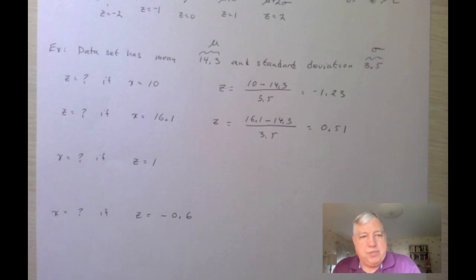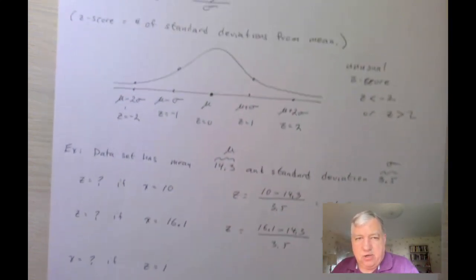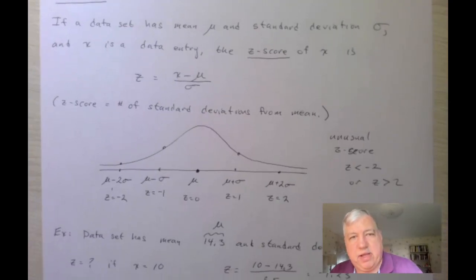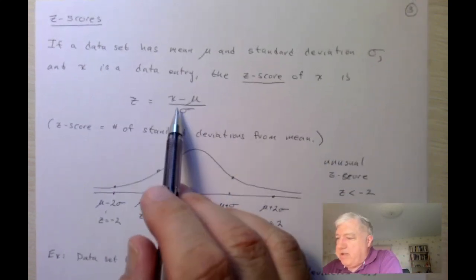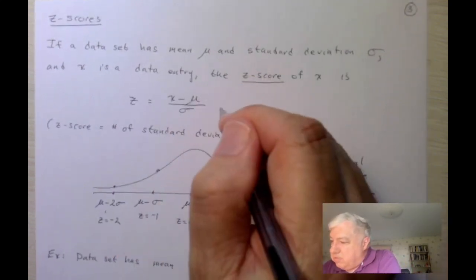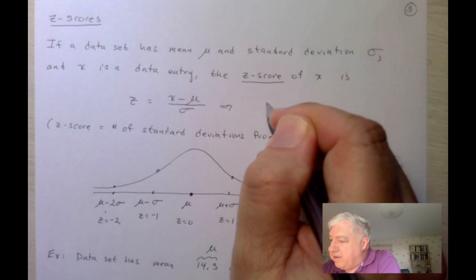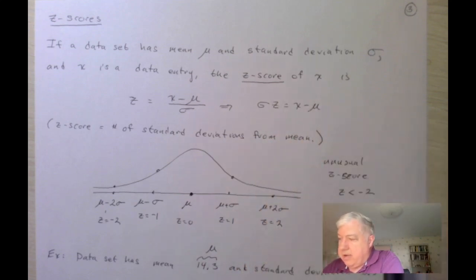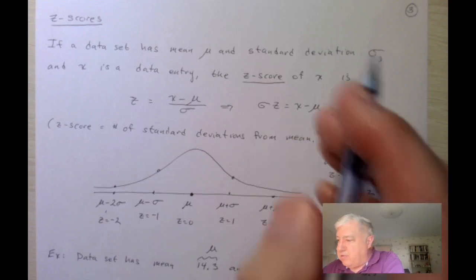Now what happens if you're given z and you want to find what the actual data entry is? What is x? Well, you just have to do a little bit of algebra. I wanted to do this because I like algebra, and there's very little algebra in this course. To find out what x is, you can just first multiply both sides by sigma, and then add mu to both sides.